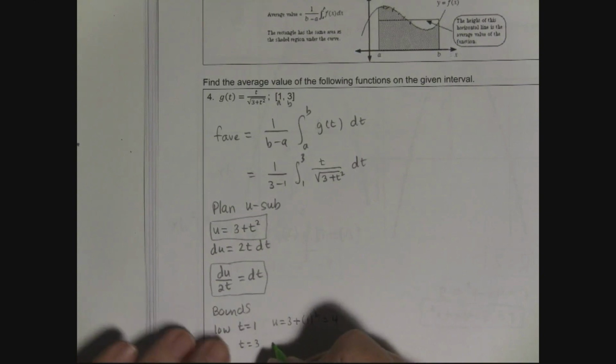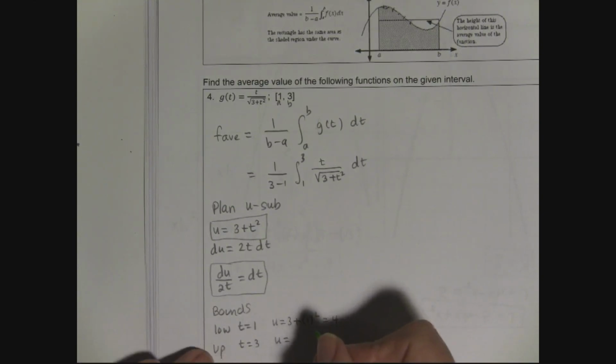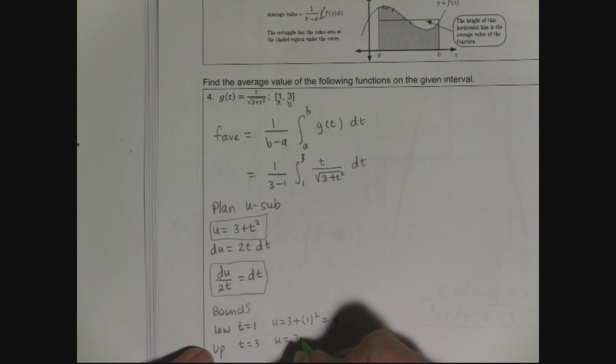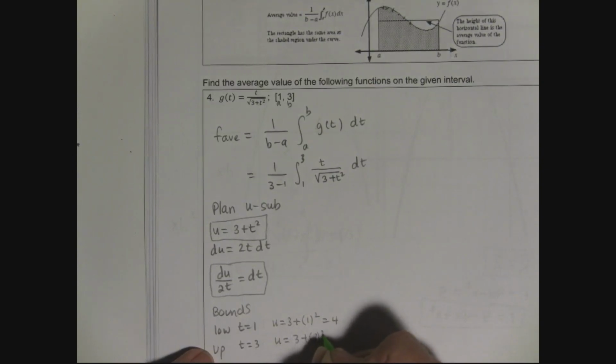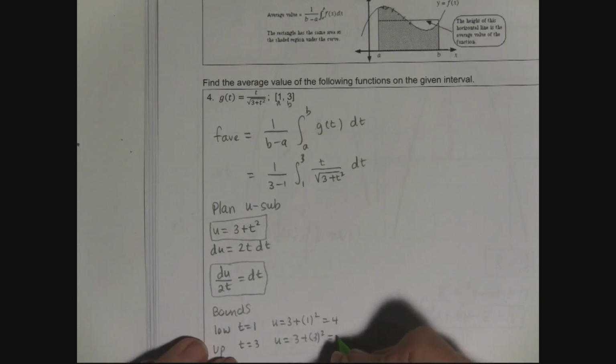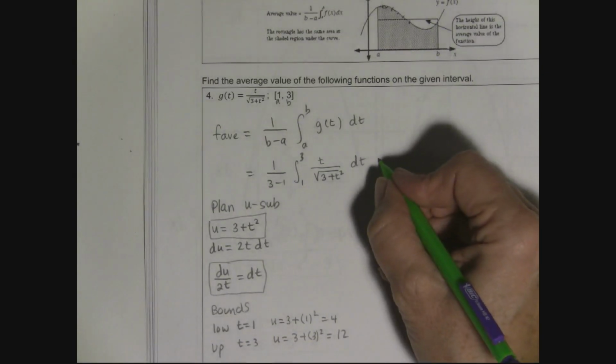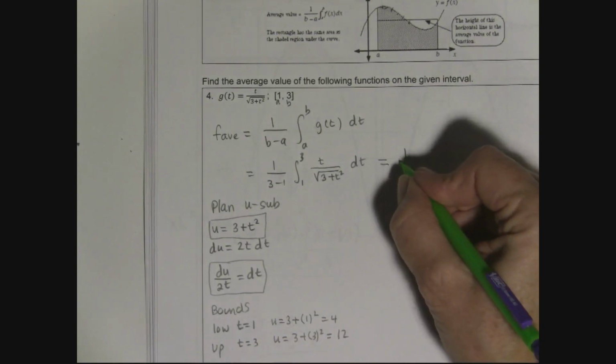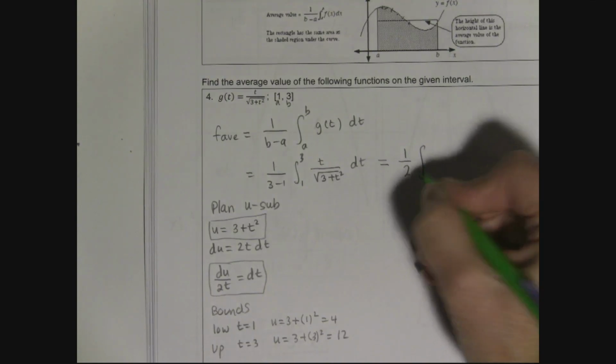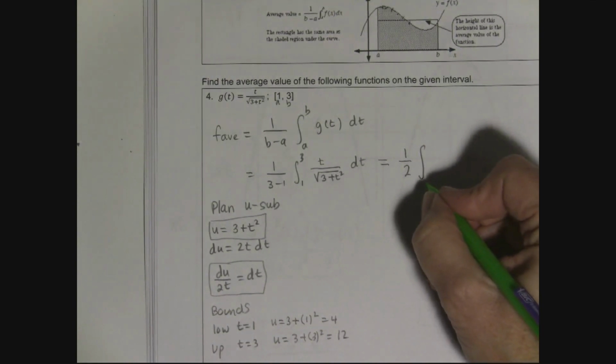That's what we were given. So that would be u equals 3 plus 3 squared, which is 12. Okay, so integrating this, I have 1/2 out in the front. The new bounds are 4 to 12.